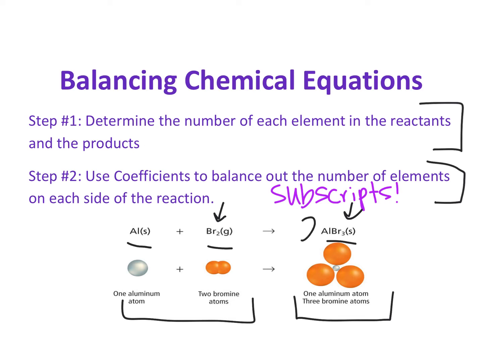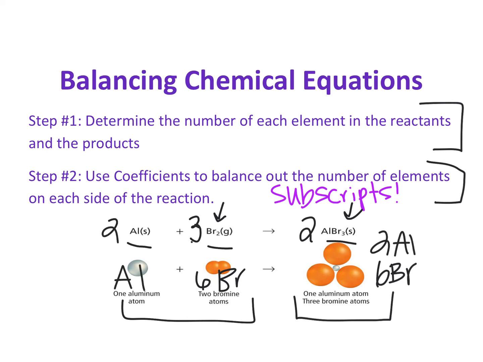So here, I can add a 2, and I can add a 3 on this side. And this is going to give me 6 bromines here and 6 bromines here. But now I have 2 aluminums on this side. I'm going to have to add a 2 here to make sure that I have 2 aluminums there. And now I have the same amount on each side.